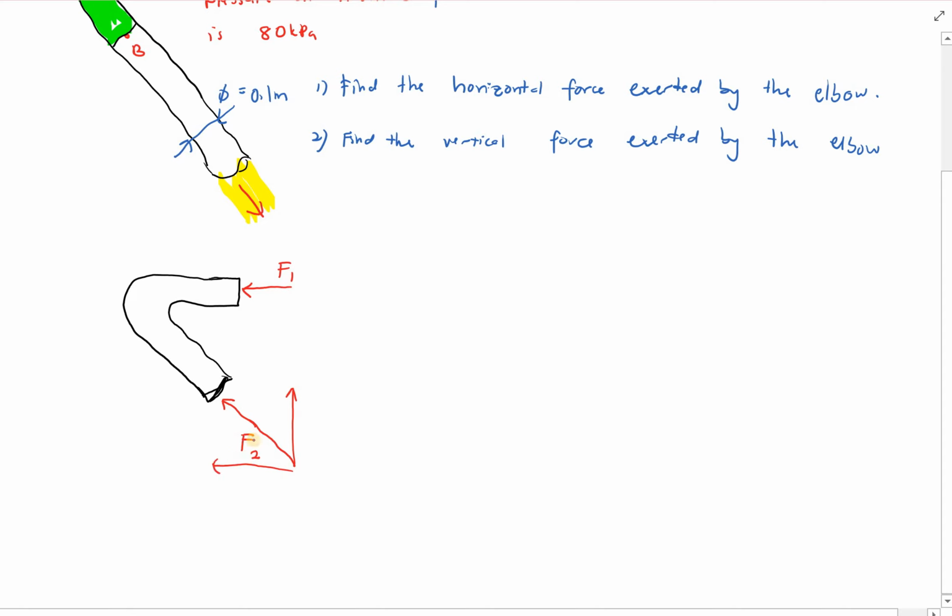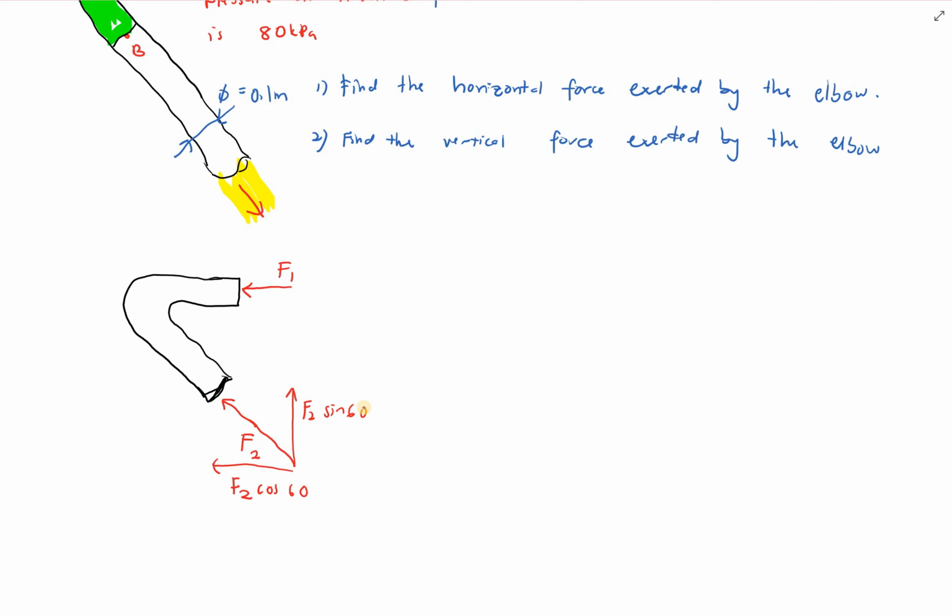Okay, because F2 is the resultant, in this case you will have F2 cosine 60, and here you have F2 sine 60. Okay, F1 you can maintain as it is because it's already in a horizontal direction. That is the first one.